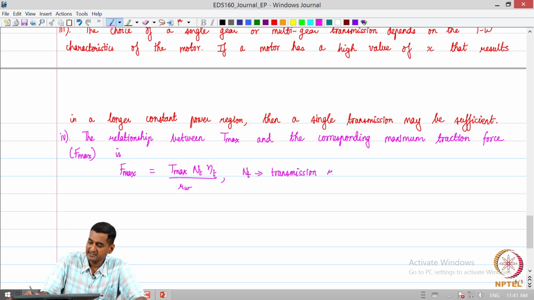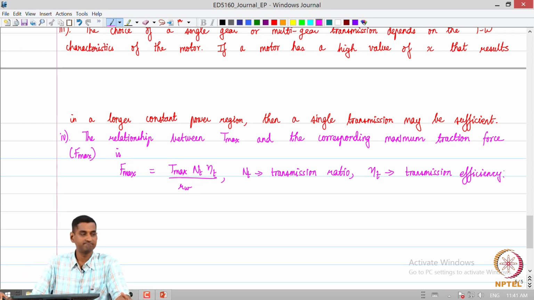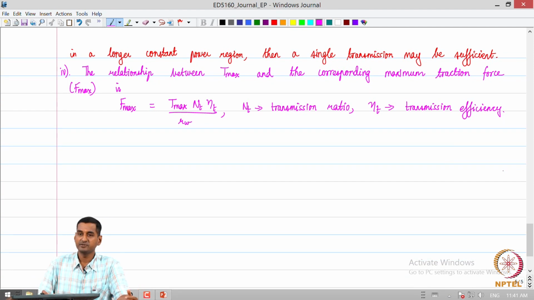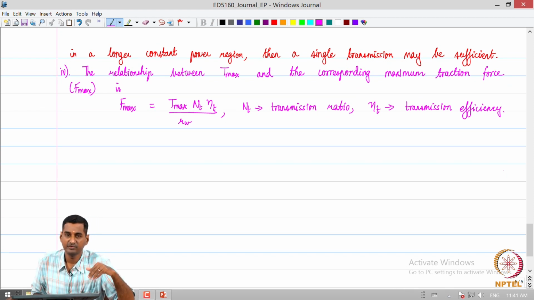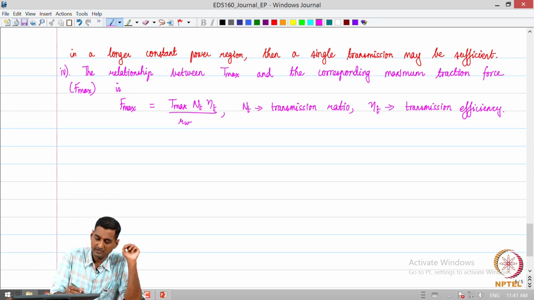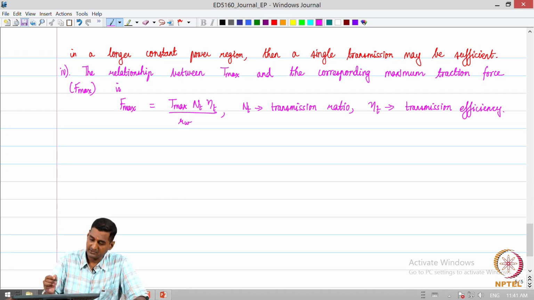Eta T, as we know, is the transmission efficiency. So, these are expressions that we are already familiar with. The transmission ratio is multiplied with the output of the motor, then multiplied by an efficiency term and divided by the wheel radius, to give the longitudinal force that is available from the powertrain to drive the vehicle.